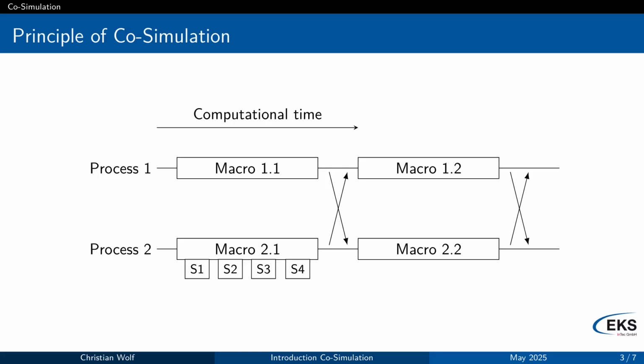This is perfectly fine, because this process runs for a certain time and then it resyncs with the other processes. The shorter this macro step is, the more communication overhead you generate. And if this is over network, for example, then you see this is a penalty, so to call.